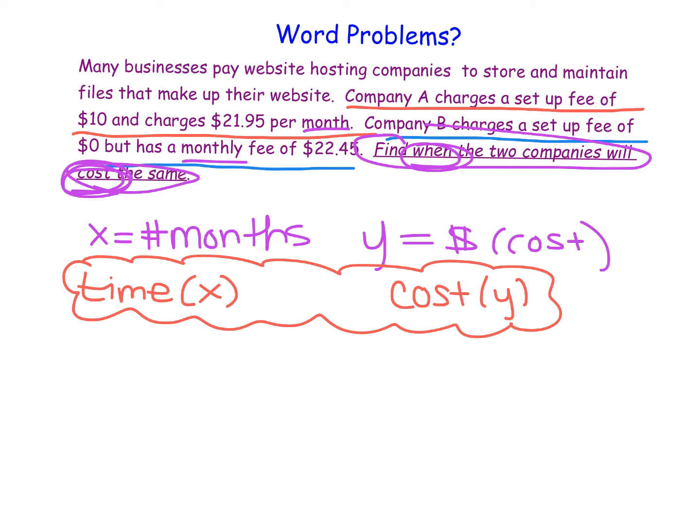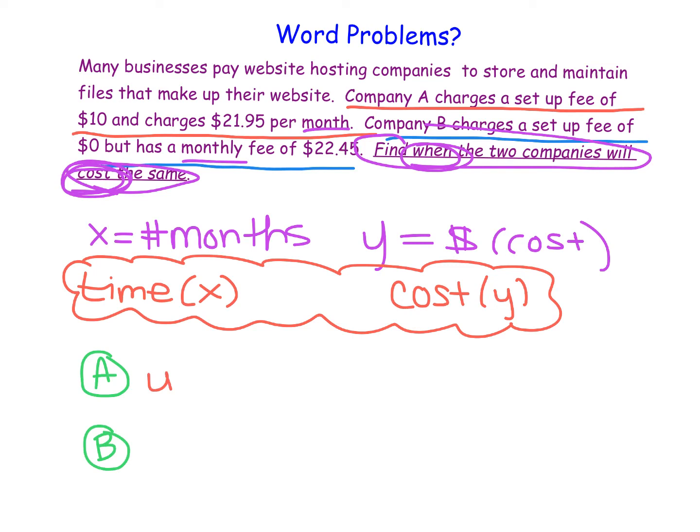Now, we need to write an equation for each situation here. We can see how company A charges their fees and how company B charges their fees. So I am going to write an equation for company A and then come back and write an equation for company B. If I look at company A, what I notice is that their cost is calculated by charging a $10 fee and then $21.95 per month.